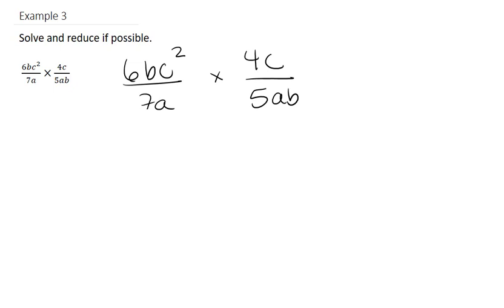So we're going to look for common factors on the top and the bottom. So on this numerator, we have a b and we have a b here. So we can cross these out. Now we look at the a's, because these a's are both on the bottom, so we can't cancel them out. And then the c's are both on the top, so we can't cancel those out.